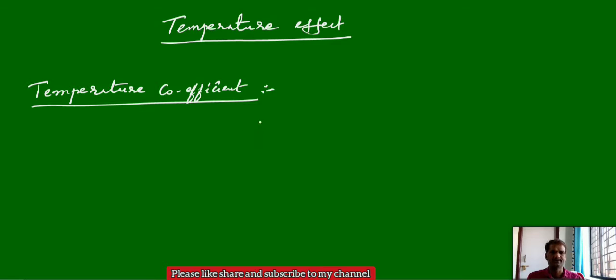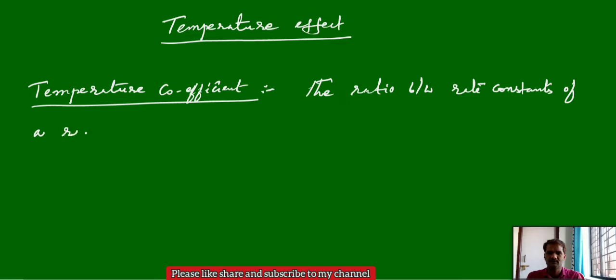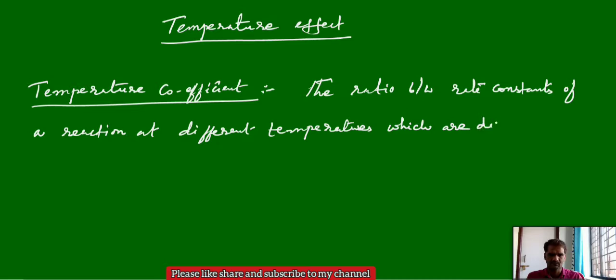Is called temperature coefficient. So you can define it like this: the ratio between rate constants of a reaction at different temperatures, which are differed by 10 degrees Celsius or 10 Kelvin, whatever it is, either degrees Celsius or Kelvin.